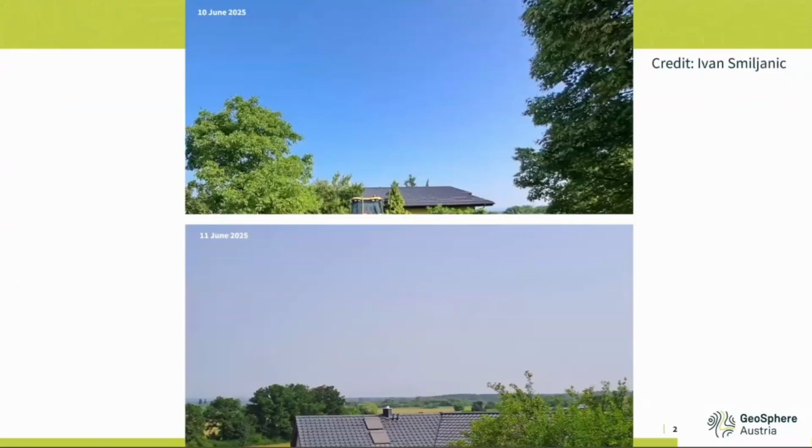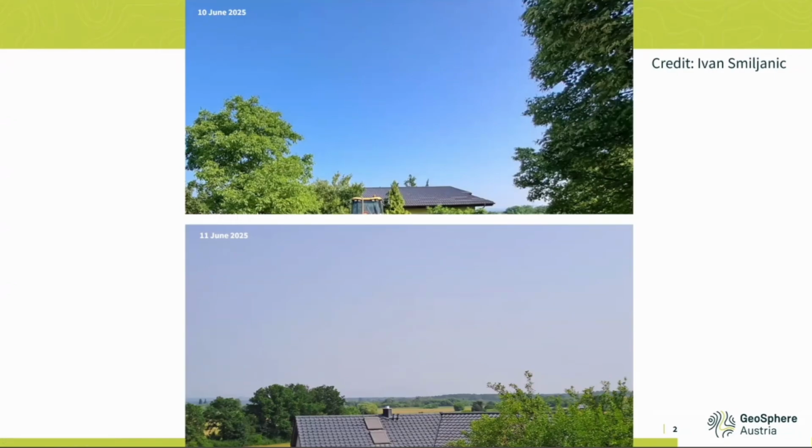These are two photos I got from a colleague from the Croatian Met Service. You see clearly the difference: above the 10th of June and below the 11th of June. So 24 hours difference, and from blue sky to a very milky sky.